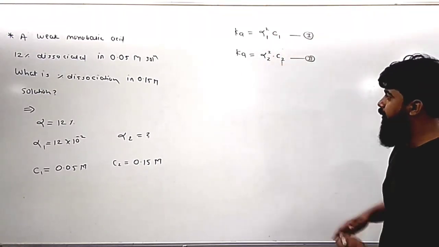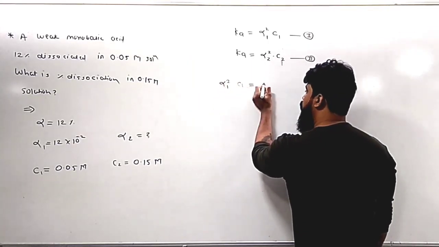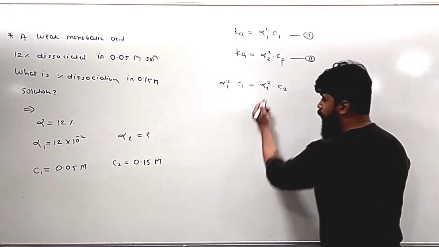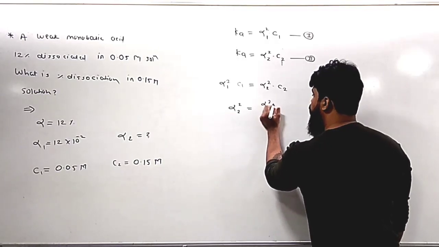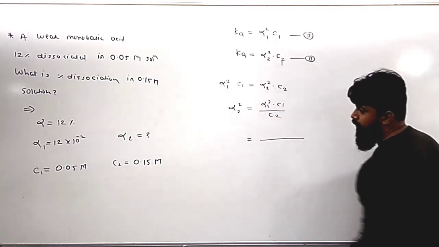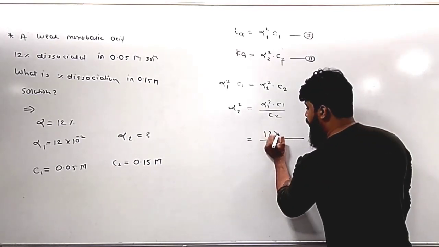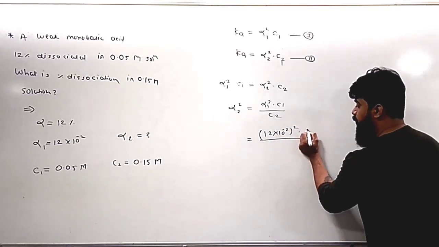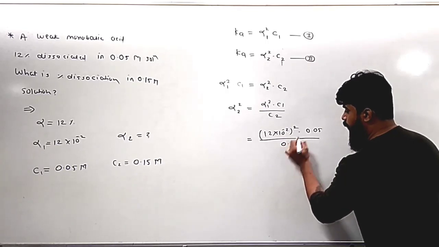We want to compare this side. So the equation becomes alpha 1 square into C1 is equal to alpha 2 square into C2. We want to find out alpha 2 square. Alpha 2 square is equal to alpha 1 square into C1 upon C2. Now we will put in our values. The value of alpha 1 is 12 into 10 raised to minus 2, square, into C1 0.05 divided by 0.15.